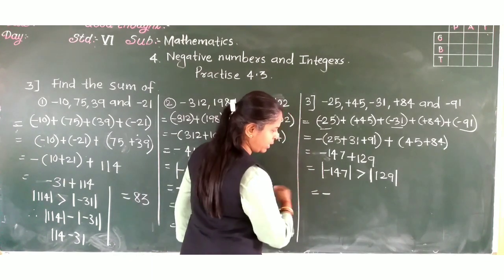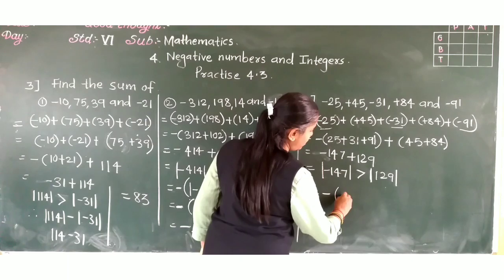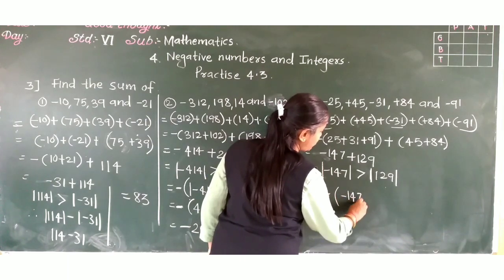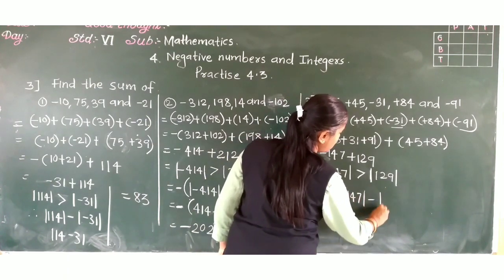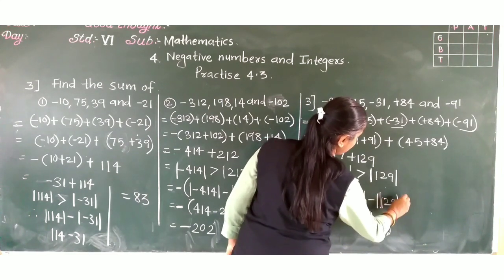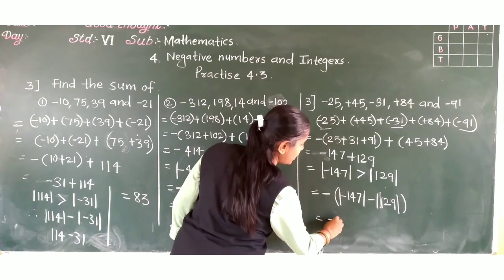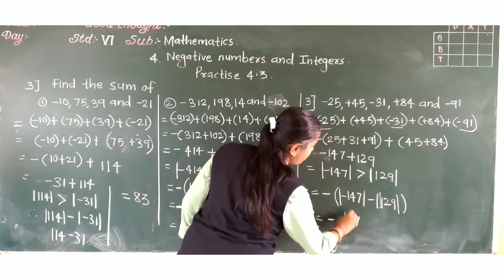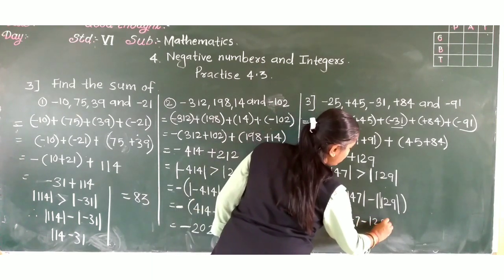Therefore, the minus sign we will take outside and inside do subtraction of absolute values. Minus 129. Okay, so the minus sign outside, 147 minus 129.